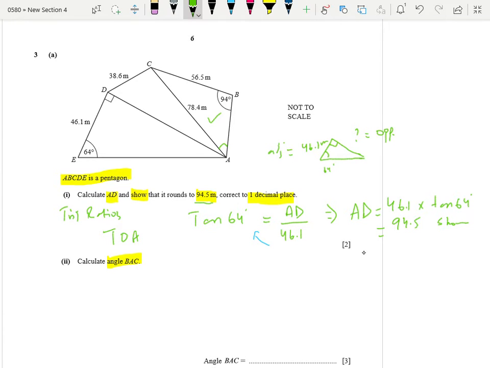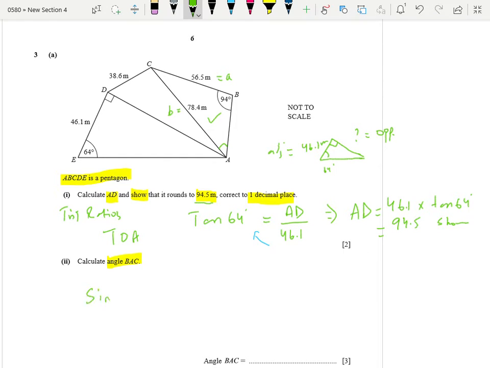Okay, so this is not a right angle triangle, it's a non-right angle triangle, and it has got an obtuse angle of 94 degrees. And opposite to that a side is provided to me, 78.4 meters. And the angle that I have to find, angle A, opposite to that I have got small a, the side 56.5. So small b is there, small a is there.